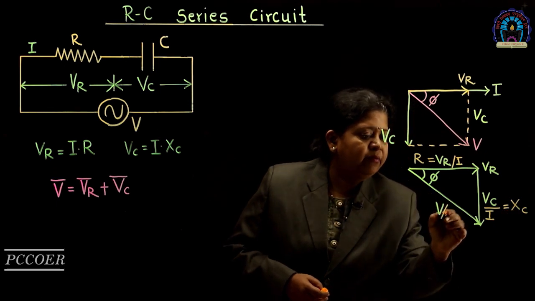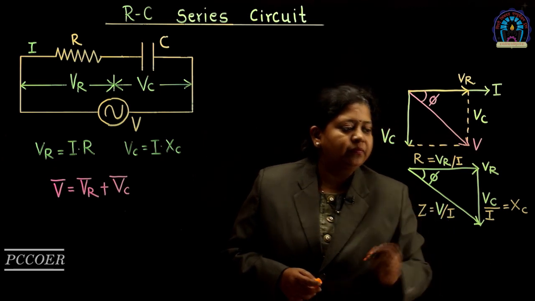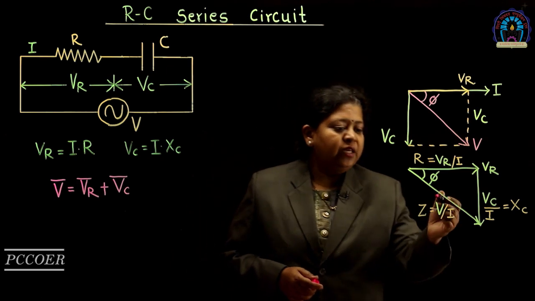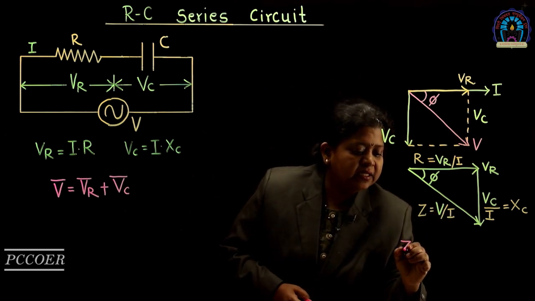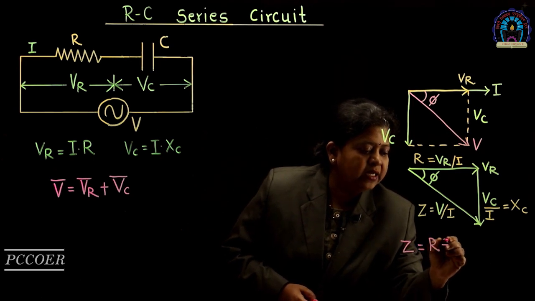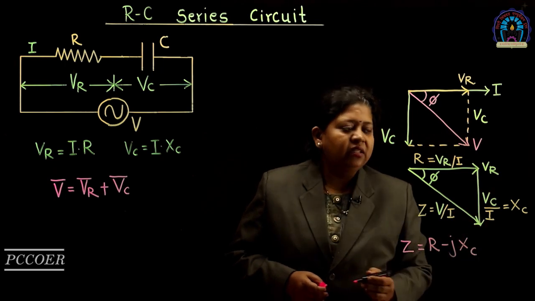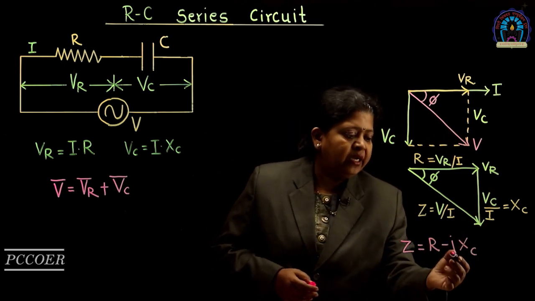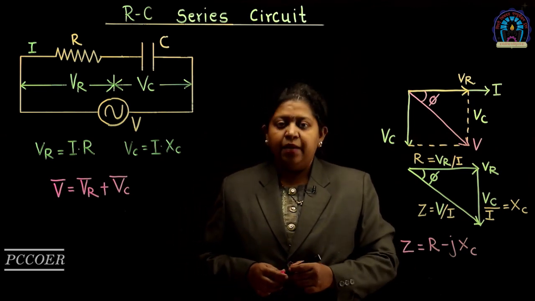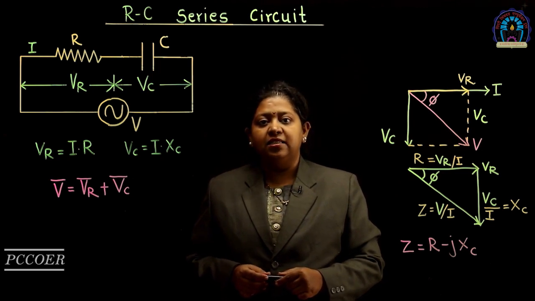If we divide V by I, we get impedance Z. So, we can write the equation of this impedance Z as Z is equal to R minus j Xc. Xc is along negative y-axis, so we have written minus j Xc. This is impedance Z. Impedance is nothing but the total opposition in this RC series circuit.